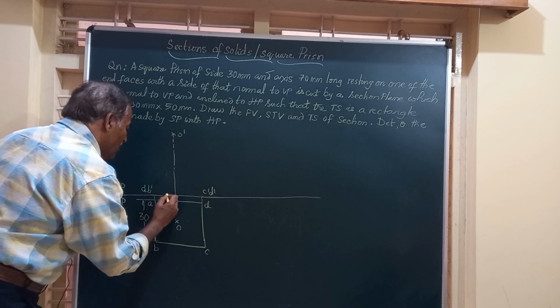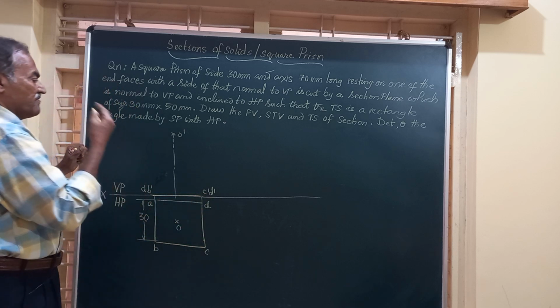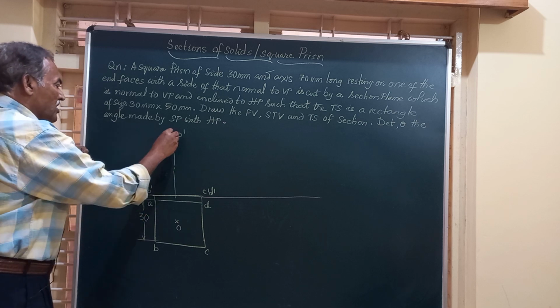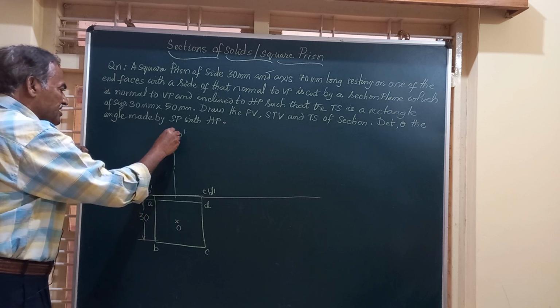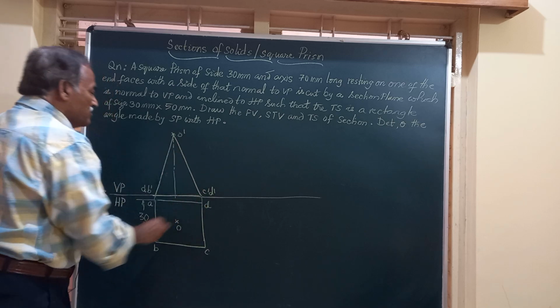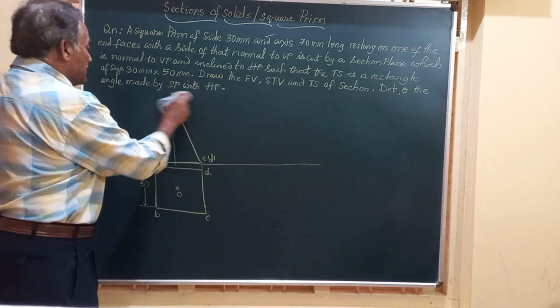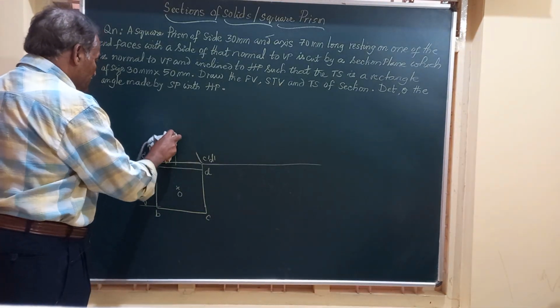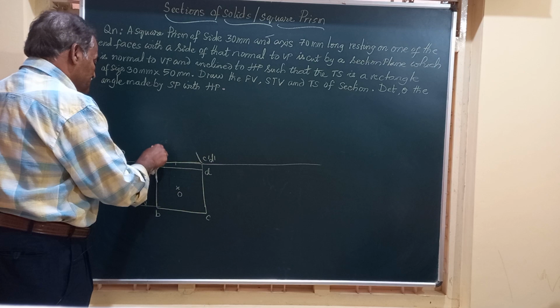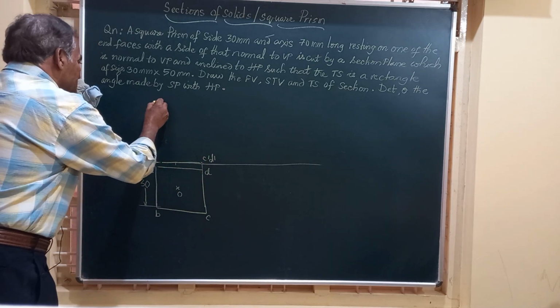This line on XY represents the square face in the front view. We will join this by straight lines, that is O to A, O to B, O to C, O to D. Sorry, I made a small mistake. This is a prism, and hence we have to mark a rectangle, not a triangle.